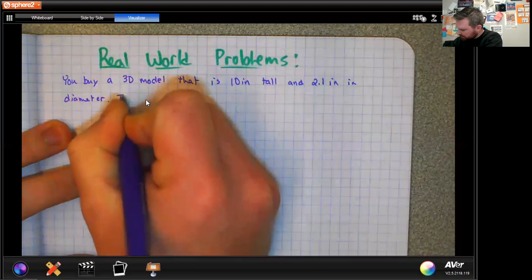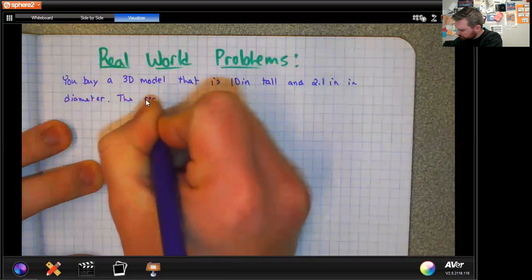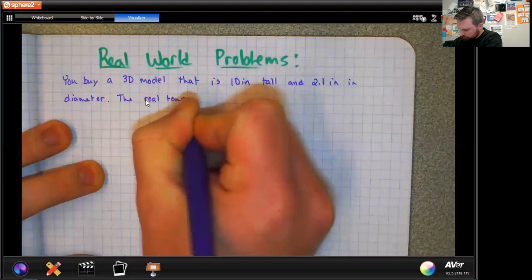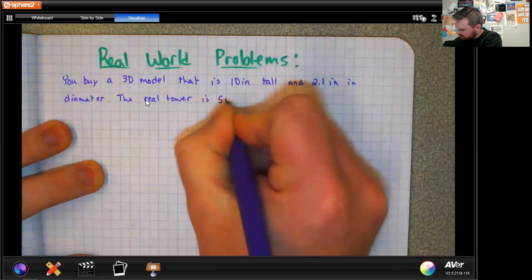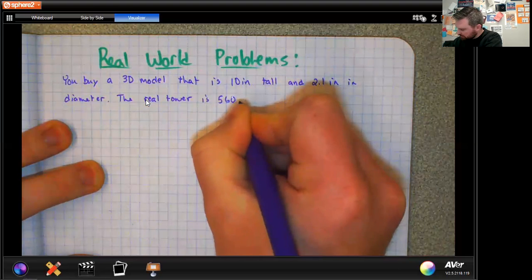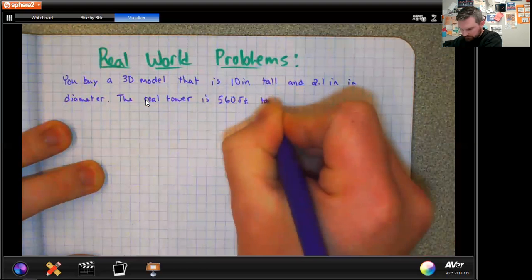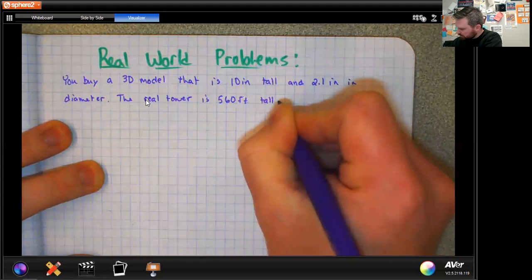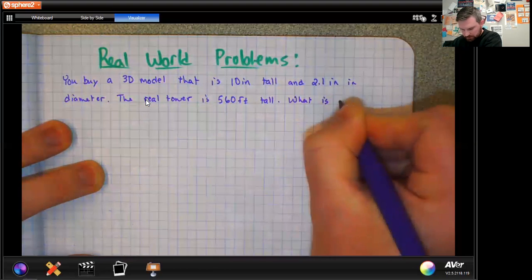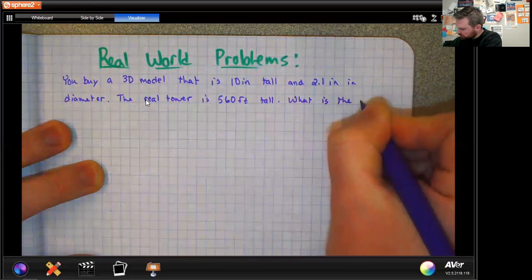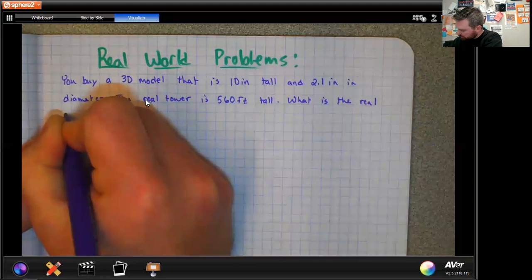The real tower is 560 feet tall. What is the real diameter?